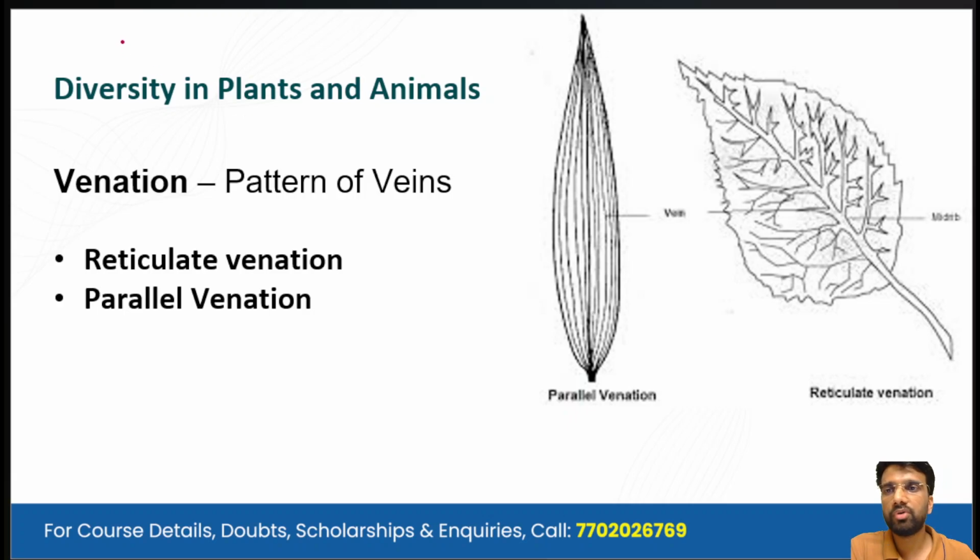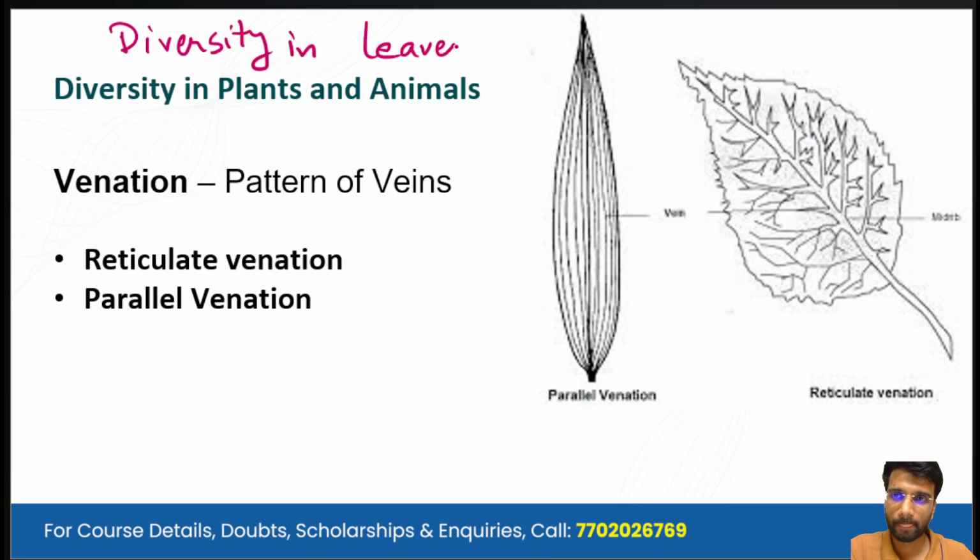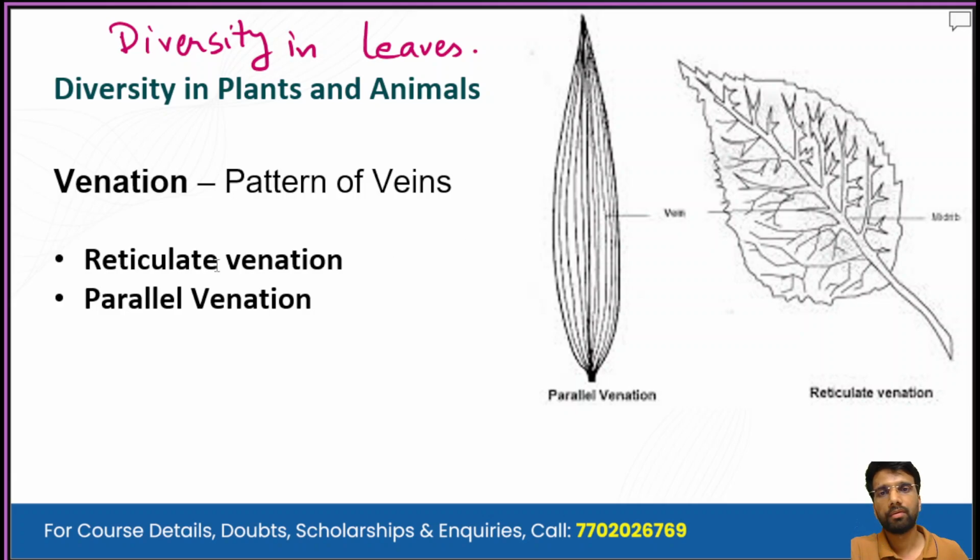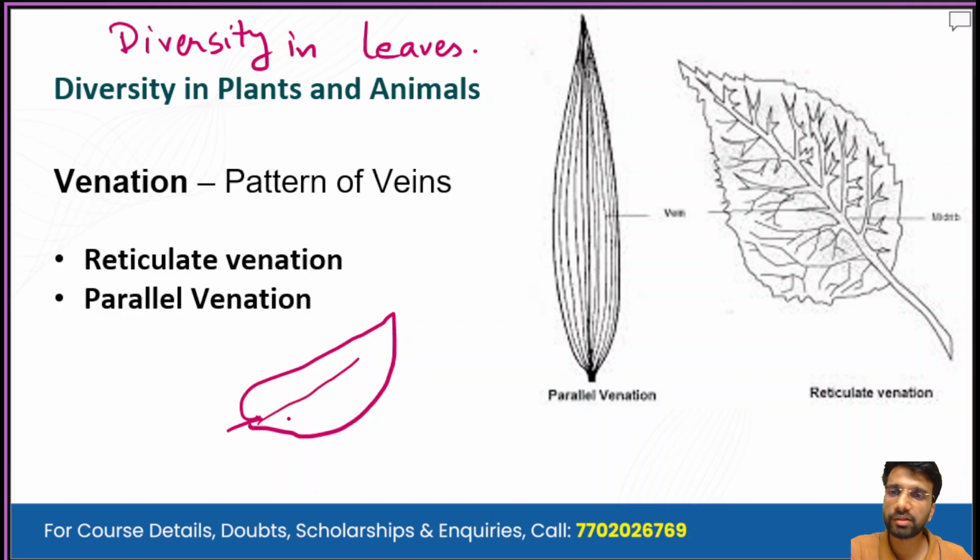Now, we come to diversity in leaves. In a typical leaf, there are veins that carry the nutrition and the produce of the leaves to and fro from the plant body.